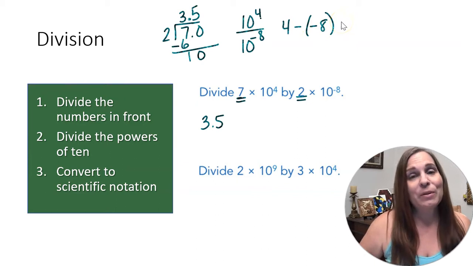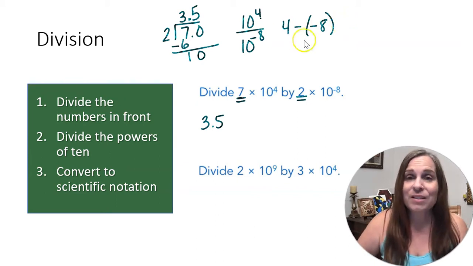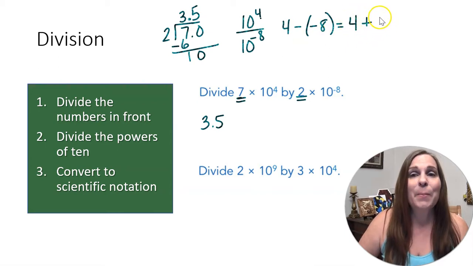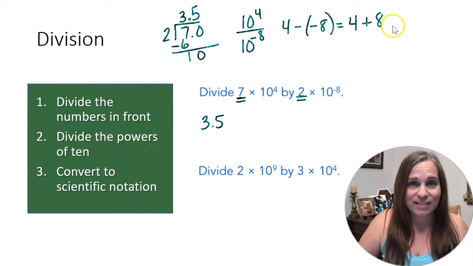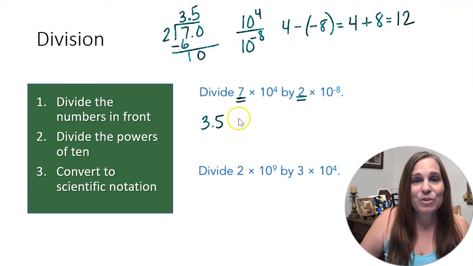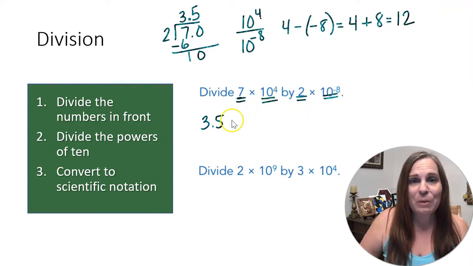If you remember from the work that we did with integers, this means the same thing as 4 plus a positive 8, which is 12. So my power of 10 here divided by my power of 10 here is going to be 10 to the 12th. And again, that's because I did 4 minus negative 8.